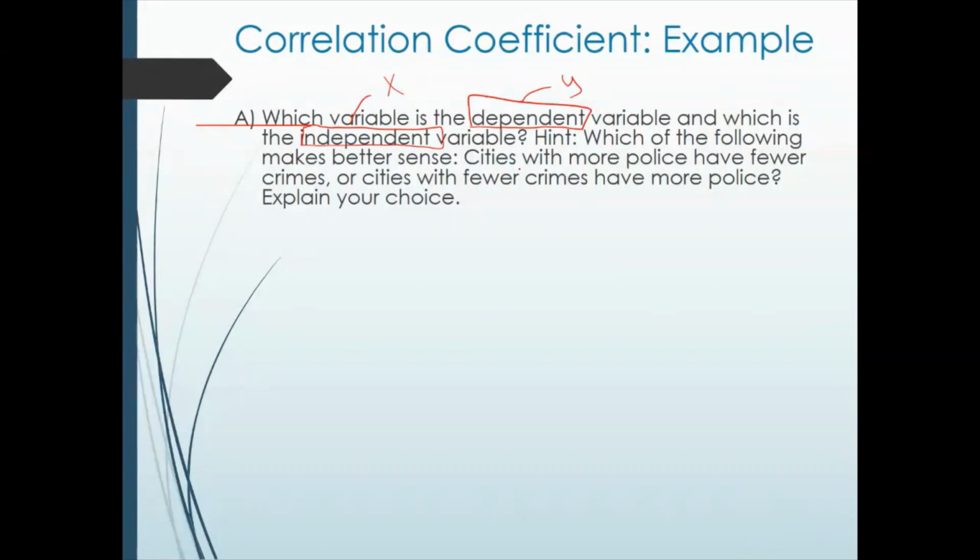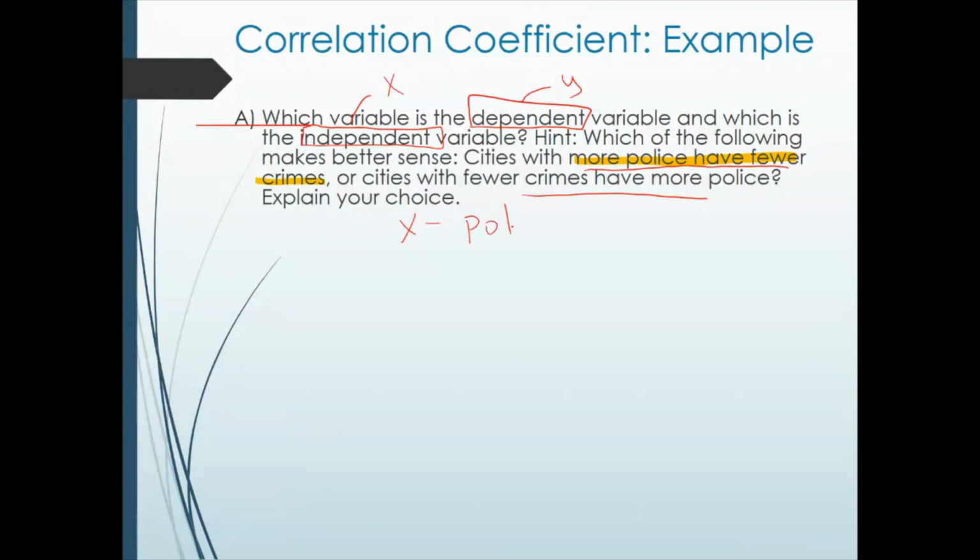Which of the following makes better sense? Cities with more police have fewer crimes, or cities with fewer crimes have more police? Obviously, cities with more police have fewer crimes. So what happens first? Police.